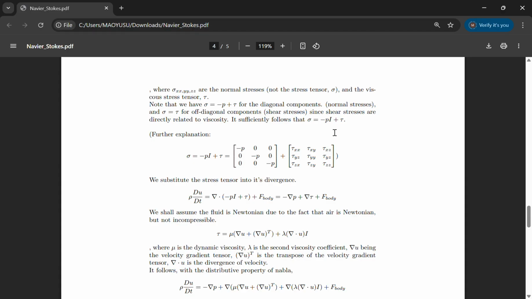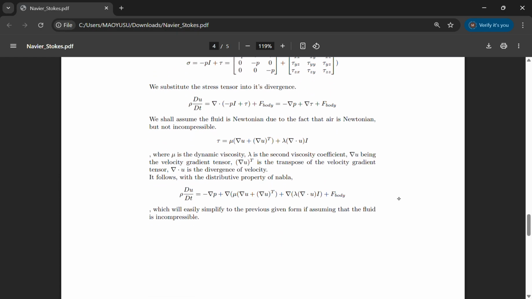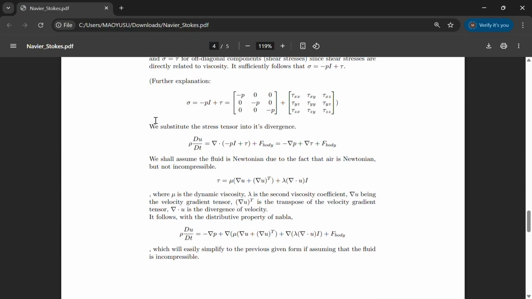The I is missing here because of the direction thing I mentioned earlier. You can go search it up once again. I will not explain everything here. So now, just to get a better-looking expression, we just assume the fluid is Newtonian, and this part is mostly because of modeling again.